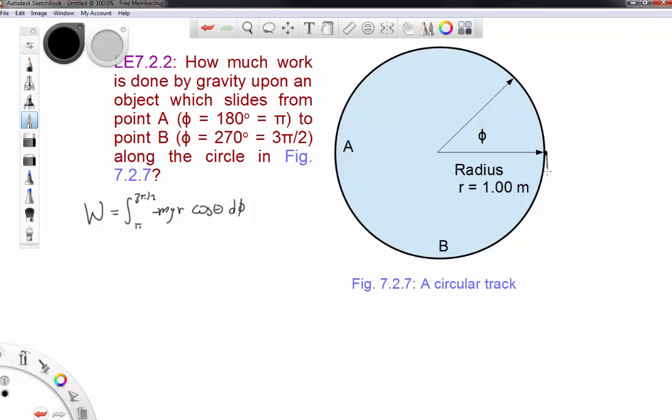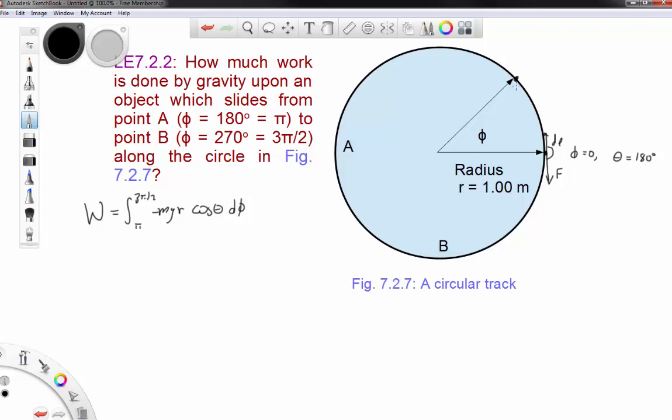So here, this would be the force, and this would be the dl. And this is at phi equals 0, and what we have is theta equals 180 degrees. So theta, you notice, is the difference from these two, and they're in opposite directions, so you get 180 degrees.